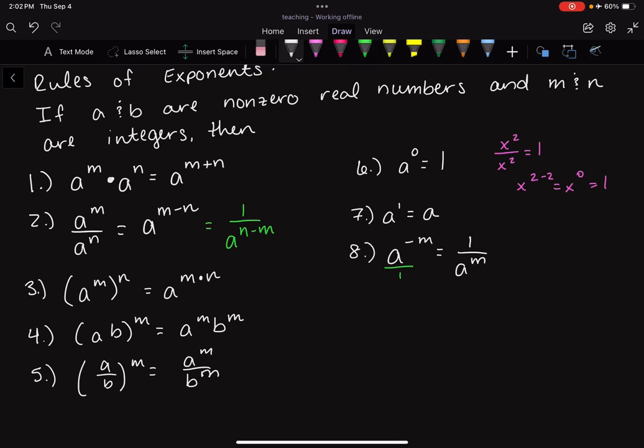You can also go backwards with this, like if it's 1 over a to the negative m. If you bring that into the numerator, it'll become a positive m. And it would technically be over 1, but something over 1 would just be itself, so we don't have to write it.